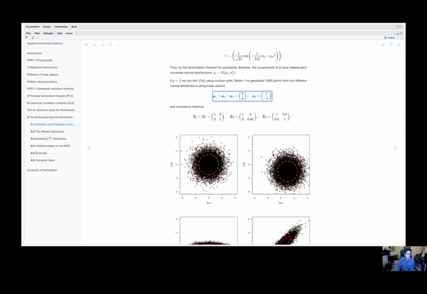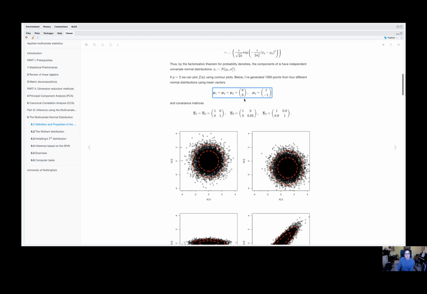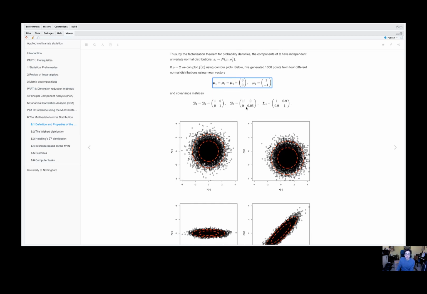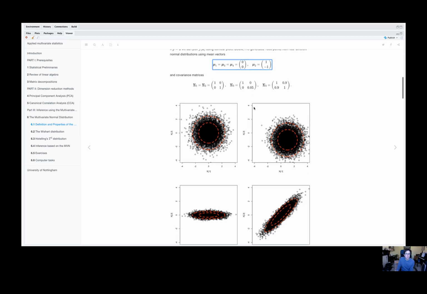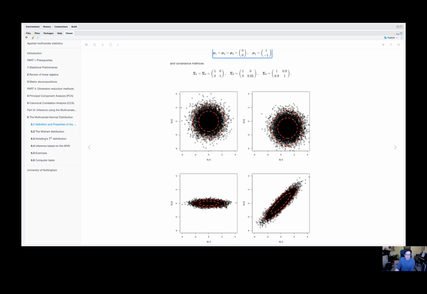For the third set of points, I'm going to take the mean back to 0, 0. But now I'm going to change the covariance matrix. So I'm going to let it now be 1, 0.05. So what this says is we still have a cloud of points centered around 0, 0, and it still has variance 1 in the x direction, but now its variance in the y direction is 0.05.